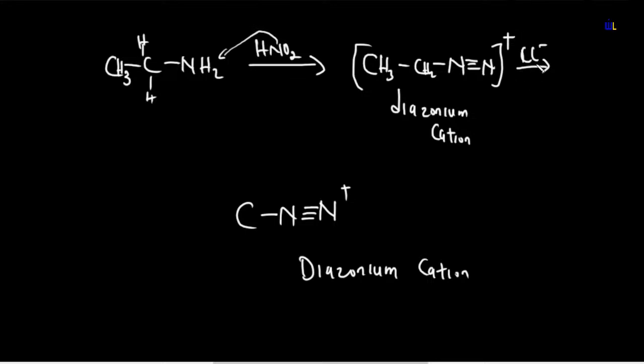So you use hydrochloric acid just to introduce chloride ion. Automatically, this chloride ion will replace the diazonium, and you are now going to have CH3CH2Cl. Once the diazonium comes out, it will come out as nitrogen gas, and that's that basically. So note, the diazonium cation is unstable.